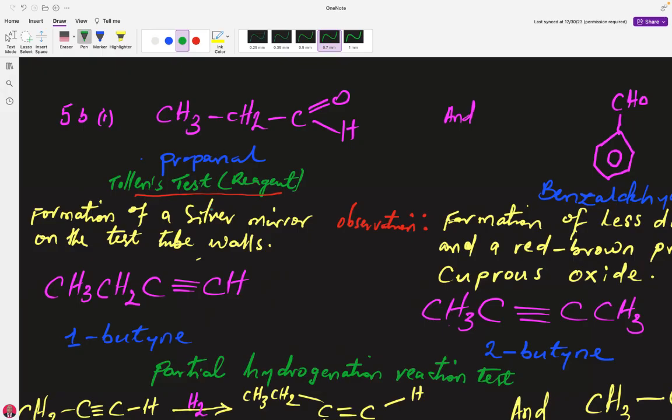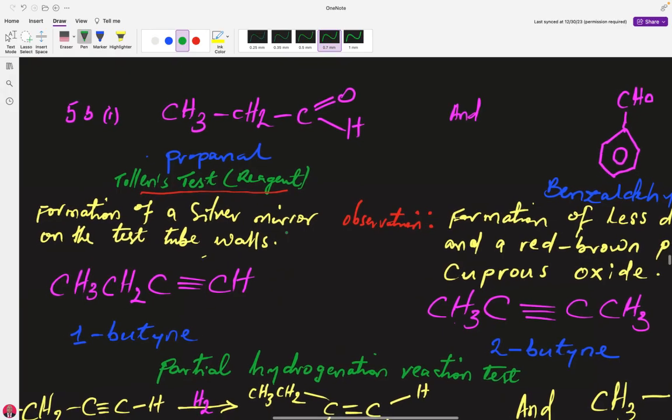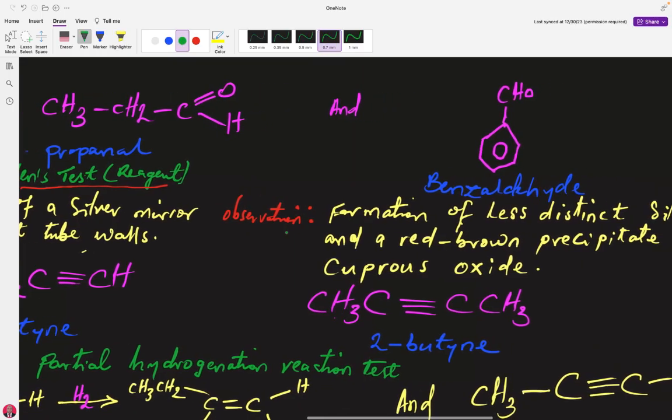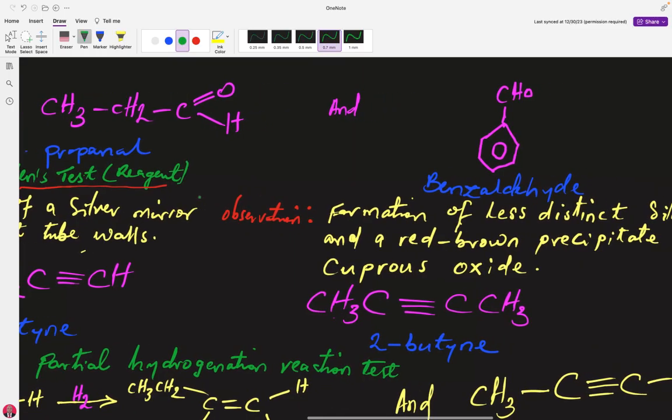On the other hand, these are the observations. With this aromatic compound, which is benzaldehyde, because of the resonance here, this ring stabilizes the benzyl ring.